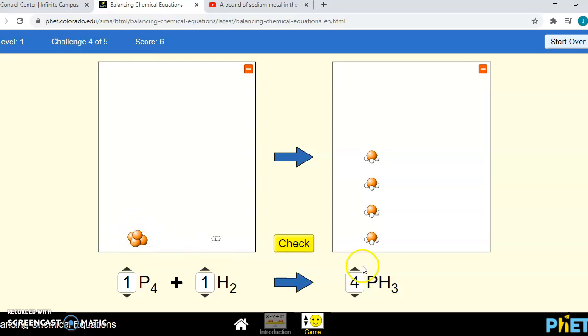Because there's 4 P's here, so let's make it 4 P's here. And now if we do that, we have 3, 6, 9, and 12 H's. Well, over here I only have 2. So if I bump this up to 6, that would be 2, 4, 6, 8, 10, 12. So this is saying that if I have the ratio of 1 molecule of P4 with 6 molecules of H2, I would make 4 molecules of PH3.